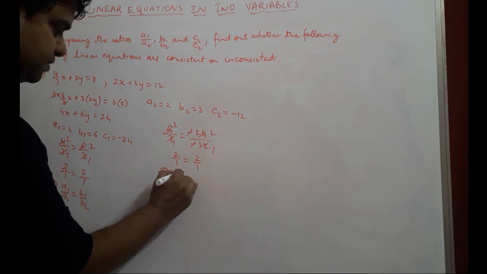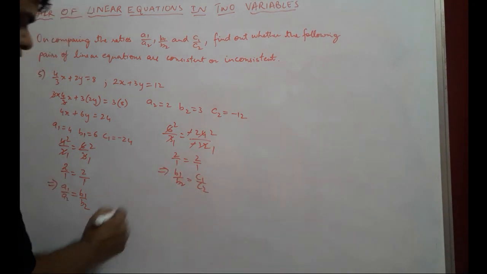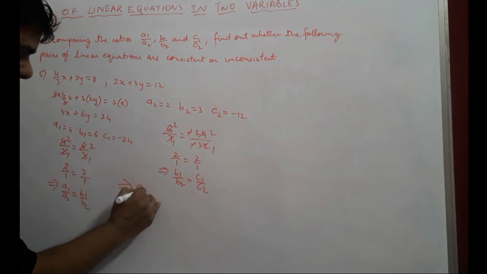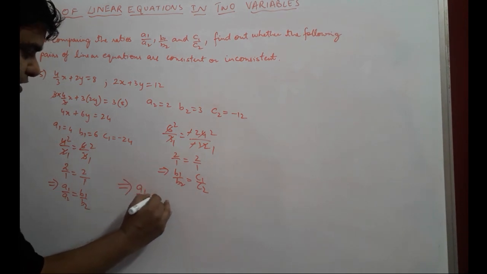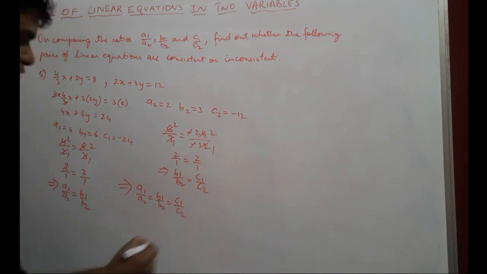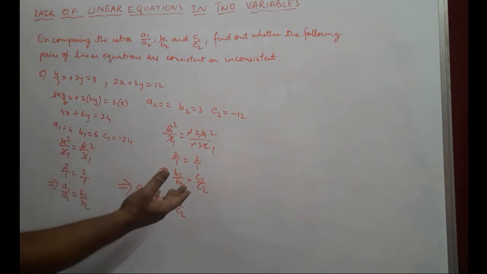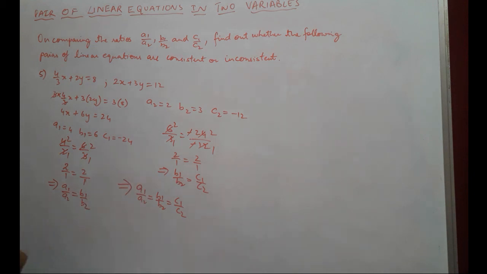This implies that B1 upon B2 is equal to C1 upon C2. So this entire thing implies that A1 upon A2 is equal to B1 upon B2 is equal to C1 upon C2. And hence we can say that the pair of linear equations are not only consistent but they are dependent on each other, and also the fact that they have infinitely many solutions.